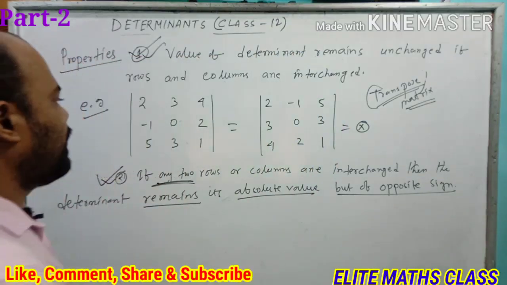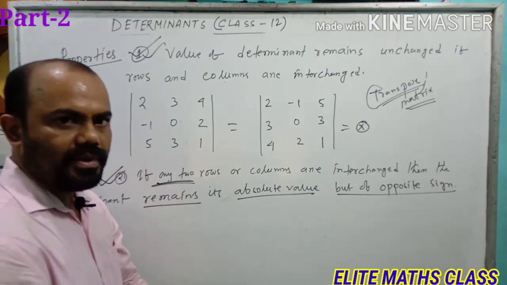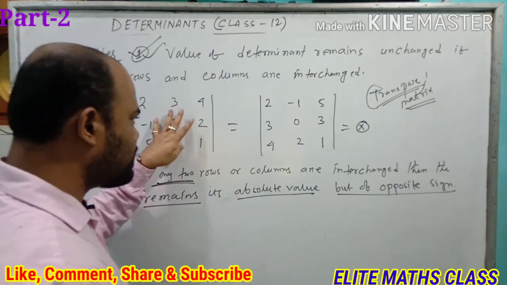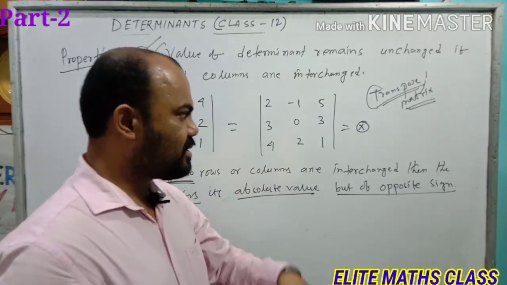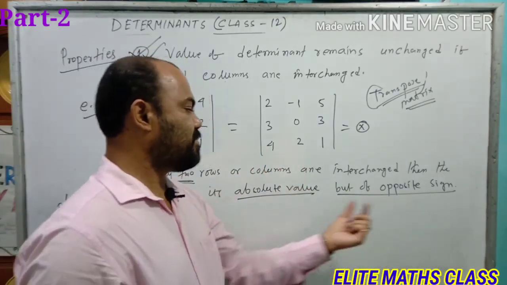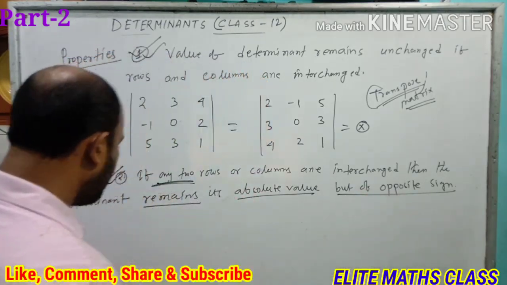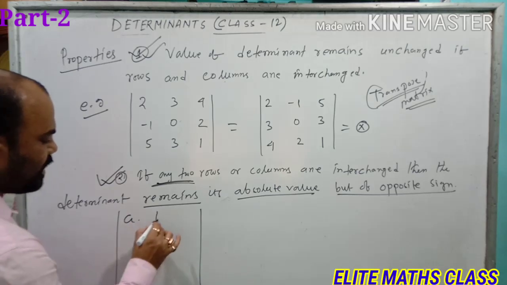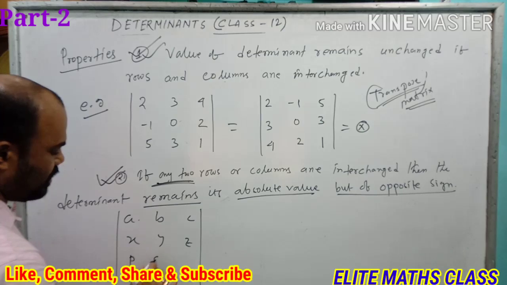That is, if the value is 15 and any two rows or columns are interchanged, then its value will be minus 15. The absolute value will be the same, but of opposite sign. For example, say it is A B C, X Y Z, P Q R.